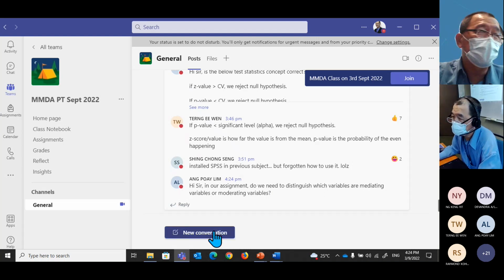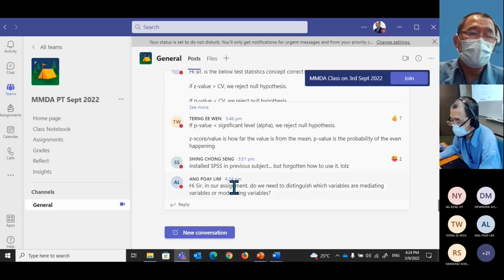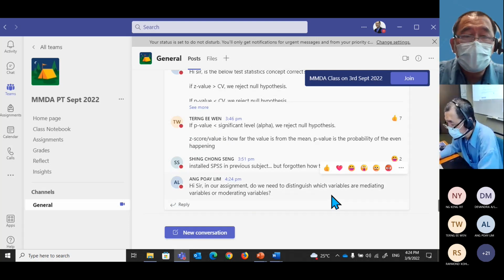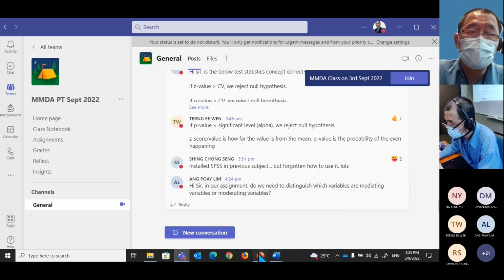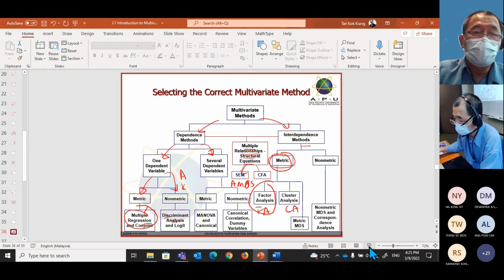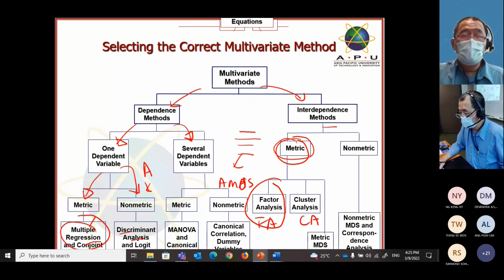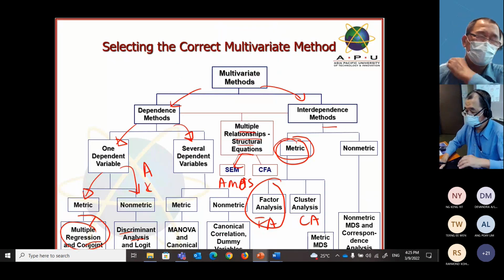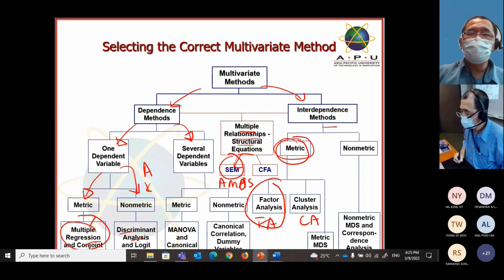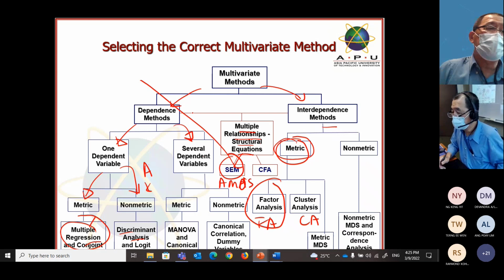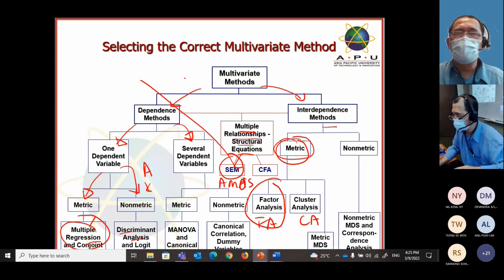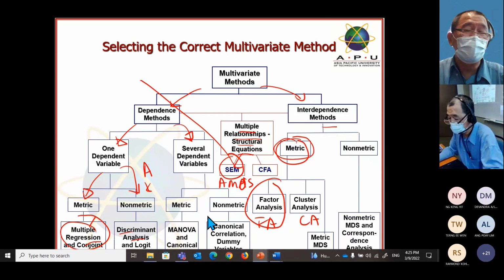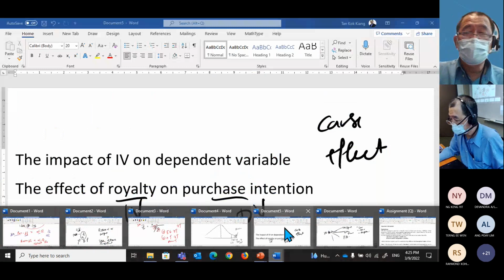Good question. Actually, no need, because your friend is asking about the mediating or modulating. Actually, no need because this one is for the SEM, so that is advanced. This will be under the SEM. In SEM we have a mediating variable and a modulating variable, but your assignment only covers two topics: multiple linear regression and also factor analysis.